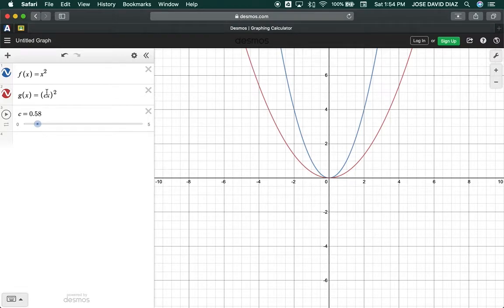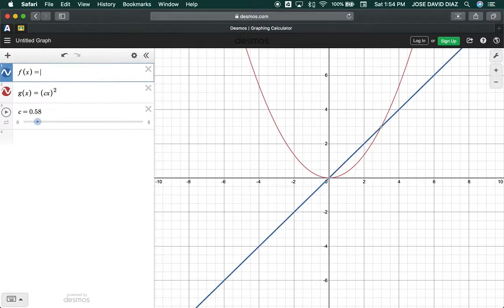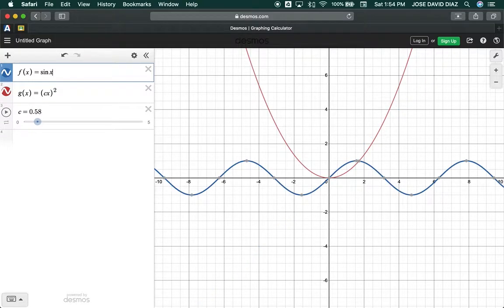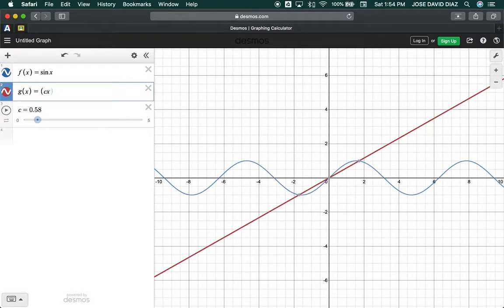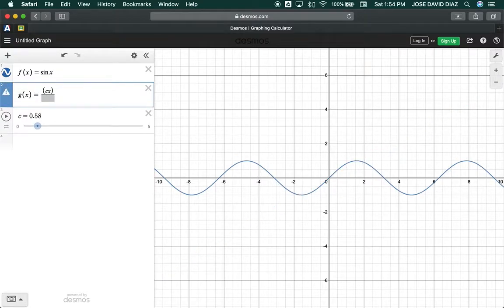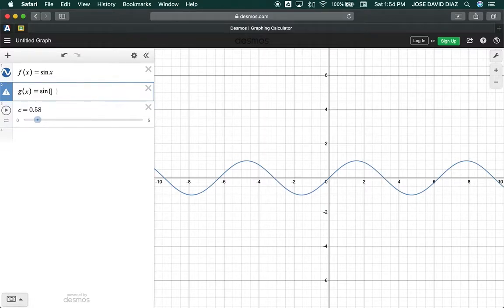Now it's hard to see with the x squared or x to the third, but if we actually graph sine of x, that will be much easier to see. Type in sine of x, and I want to place a c on the front. Now actually, let me just place a c outside.